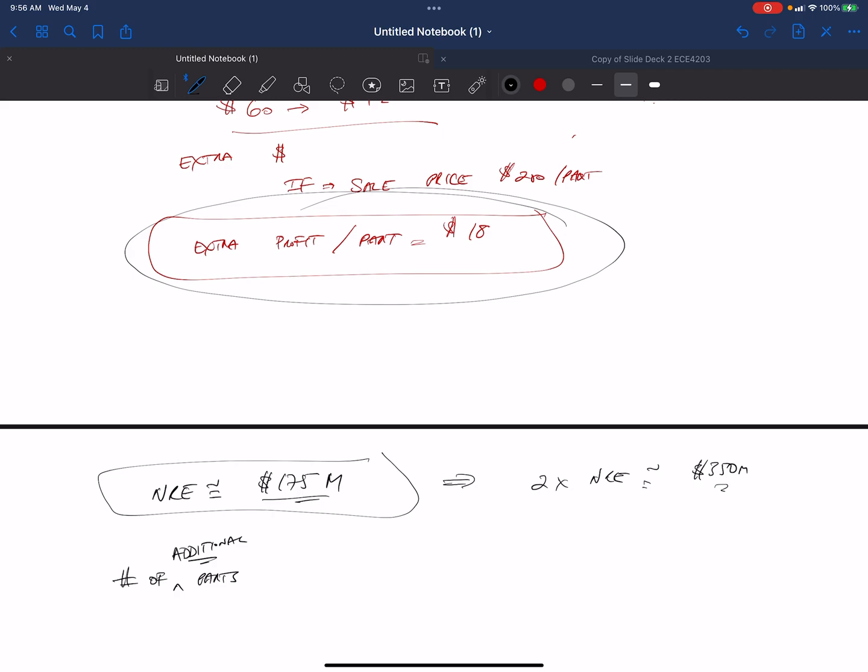The number of additional parts to sell to get NRE back plus profit would be $350 million divided by $18 per part.